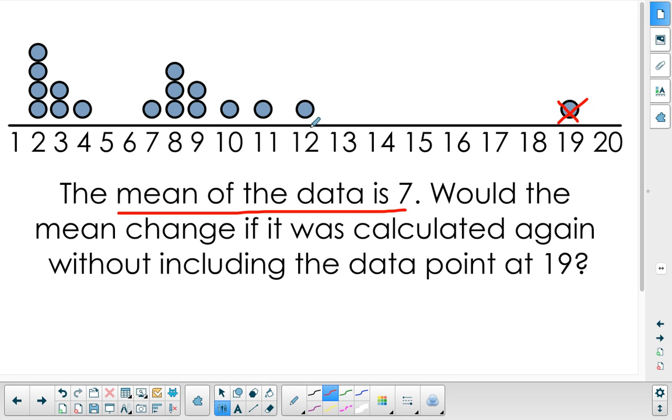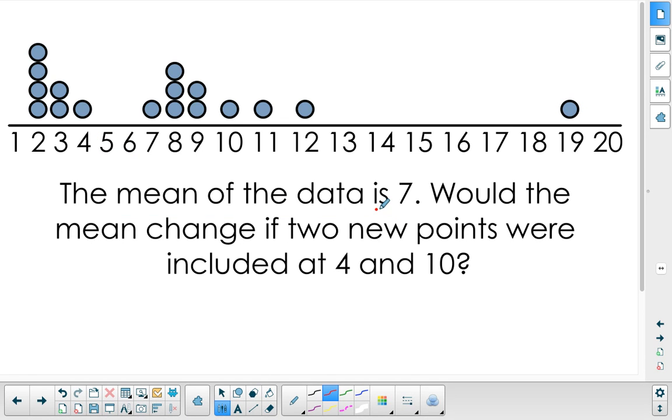So if we get rid of this, it's going to shift our balance point over here. So our average we could maybe expect to be somewhere over here as we balance everything out. So getting rid of these higher numbers makes all of our data become smaller, whereas if we got rid of smaller numbers, it would shift everything larger.